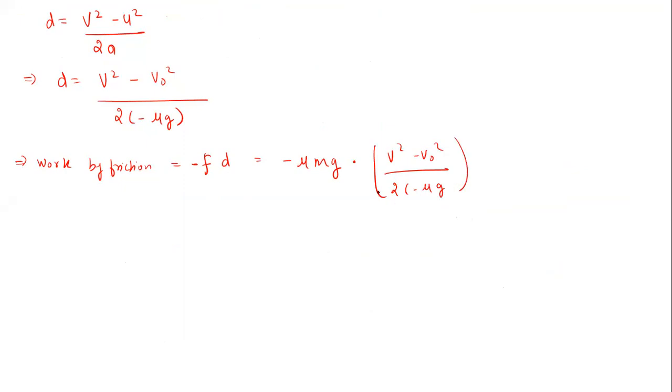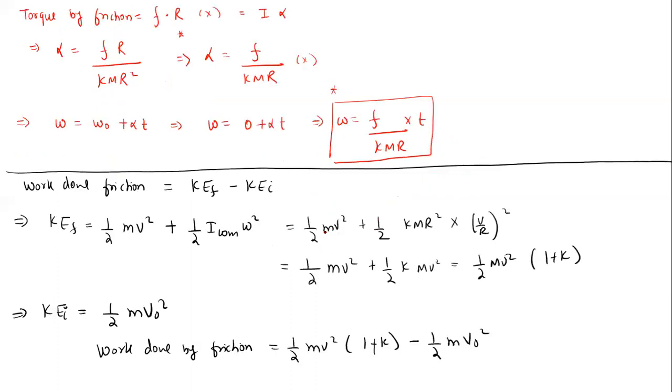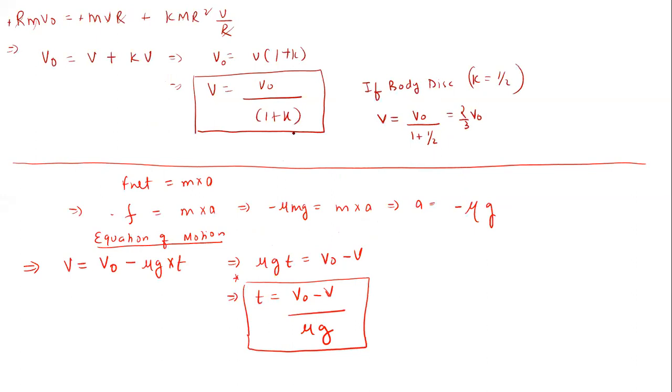Okay. So the minus minus become plus. Minus mu g can cancel out. So I think we are getting m by 2 into v square minus v naught square. Okay, fine. What is the value of v? V value is v naught by 1 plus k.